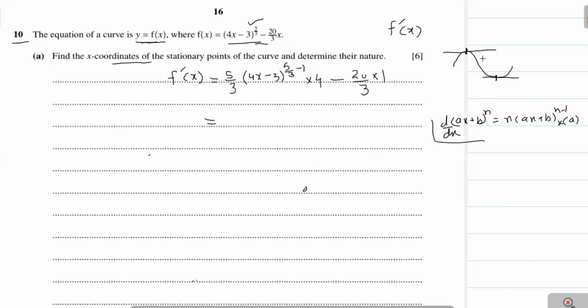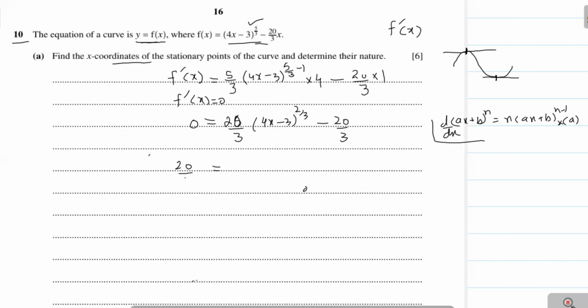You see here, these are the turning points. The gradient of tangent is 0. Therefore, we write f dash of x equal to 0. Therefore, we write here 0 equal to 5 over 3 into 4, which is 20 over 3, into 4x minus 3 power 2 over 3, minus 20 over 3, and we shift 20 over 3 from the right to the left side.